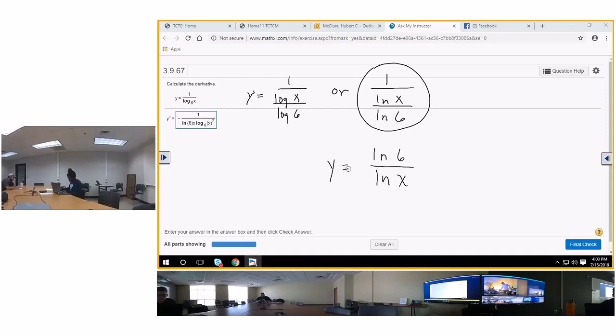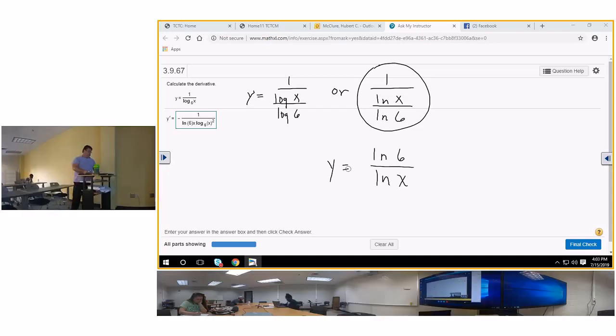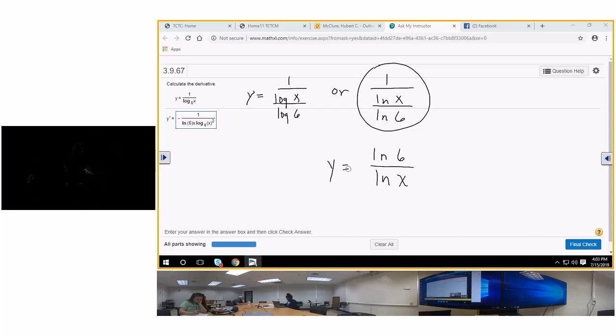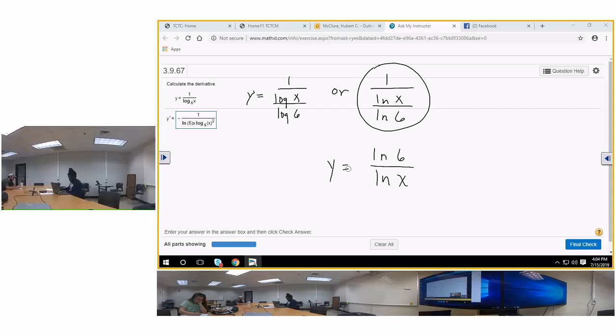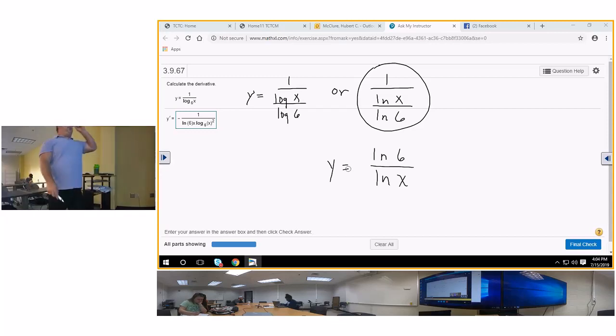I think that's the way I did it. So what is the quotient rule?